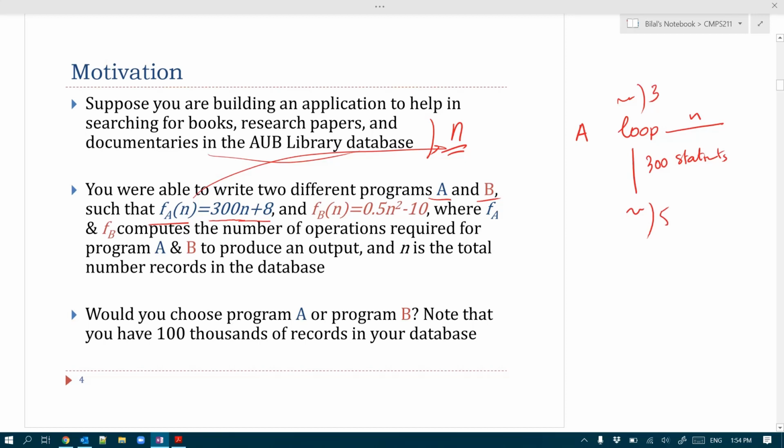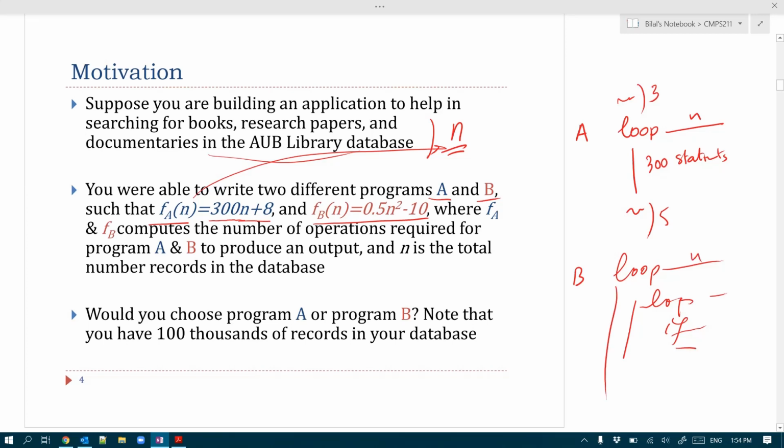Suppose that you were able to write a different program that costs 0.5 n squared minus 10, kind of like having a nested loop, but you also have an if statement, and you're executing this block of code n over 2 times, with only one instruction in it, but you are looping for n here.